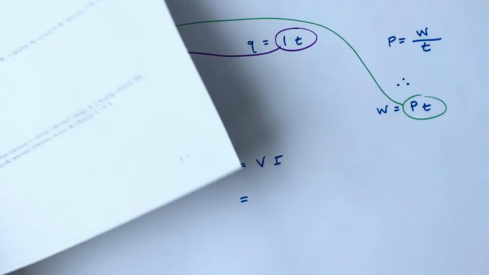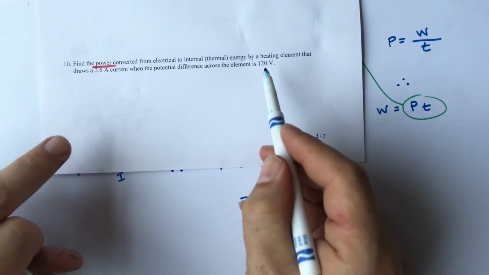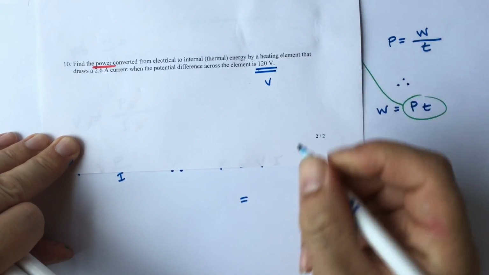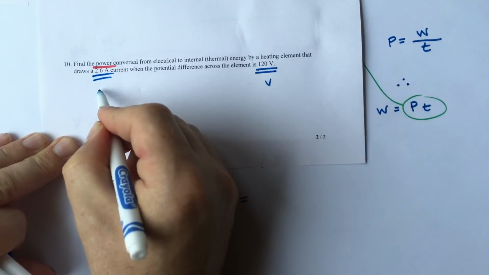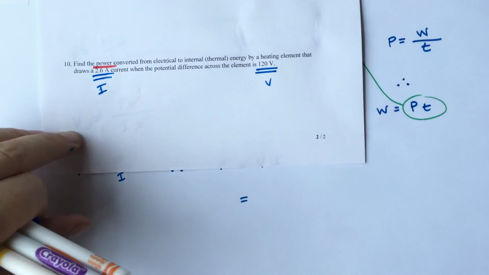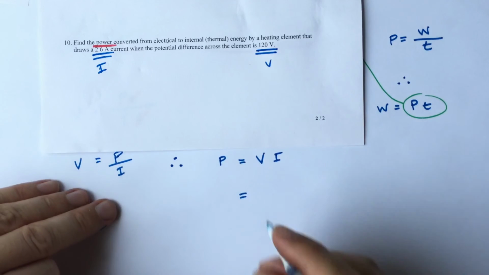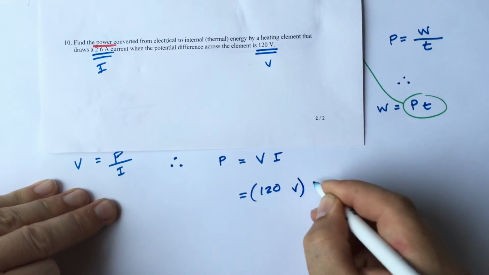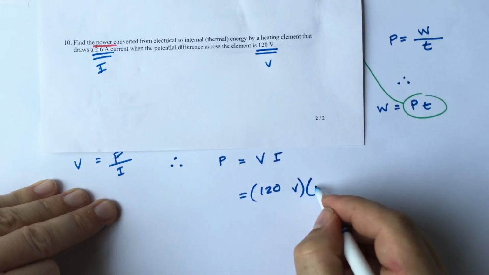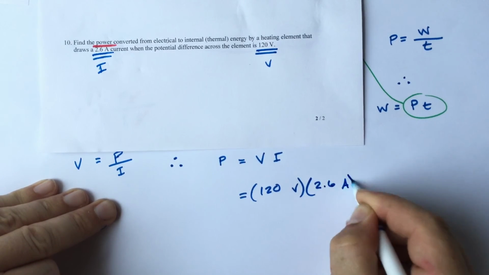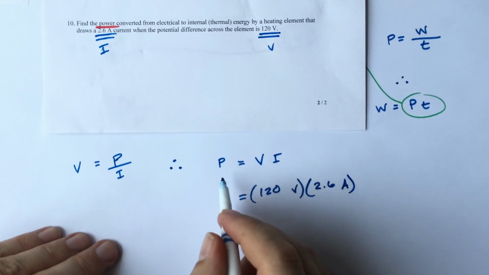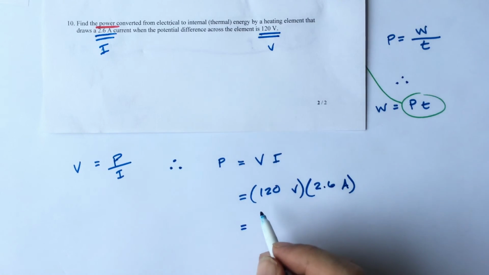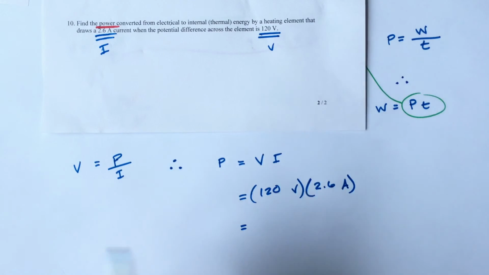And they give me voltage, that's V, and they give me a current, that's I. And so I'm going to fill those things in. My voltage, my potential difference, is 120 volts. My current is 2.6 amps. And therefore I can solve for my power. My power is going to equal 120 times 2.6.